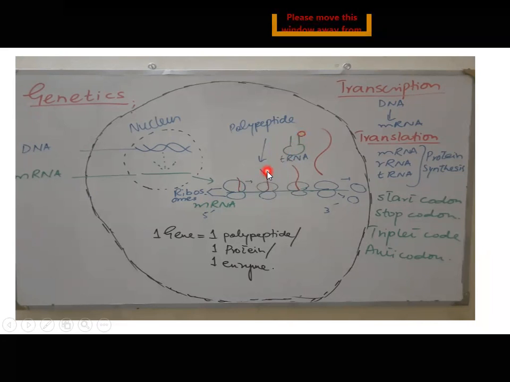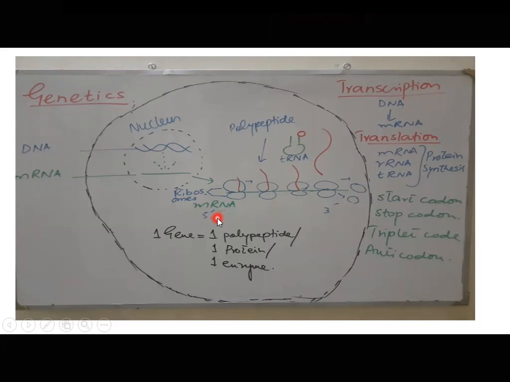Each amino acid will join another amino acid by forming a peptide bond. So the polypeptide is formed at the end, and it gets released when there is a stop codon at the end of the messenger RNA. At the end, the ribosomal subunits will also leave the messenger RNA.